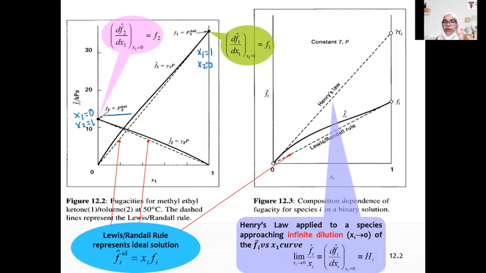We can see that the Lewis-Randall rule covers the species as it approaches 1, and Henry's law is only applicable for the diluted species. For example, for species 1, x1 equal or near to 0 in a dilute solution.